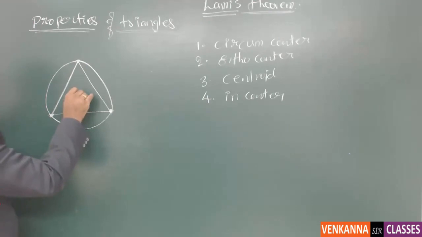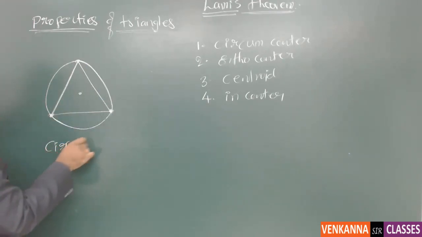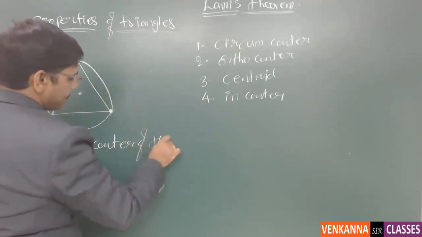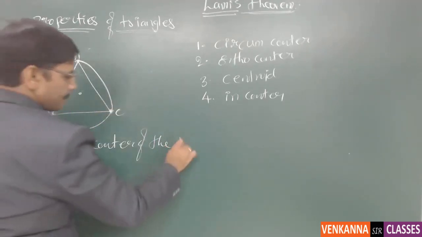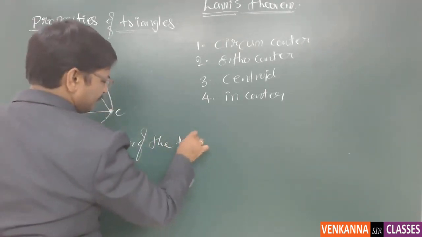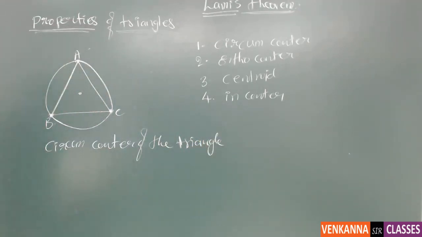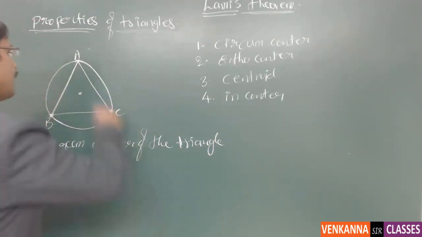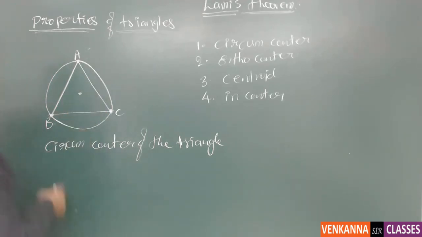This center is called the circumcenter of the triangle. Now the way we construct this center is by taking the perpendicular bisectors of the sides.